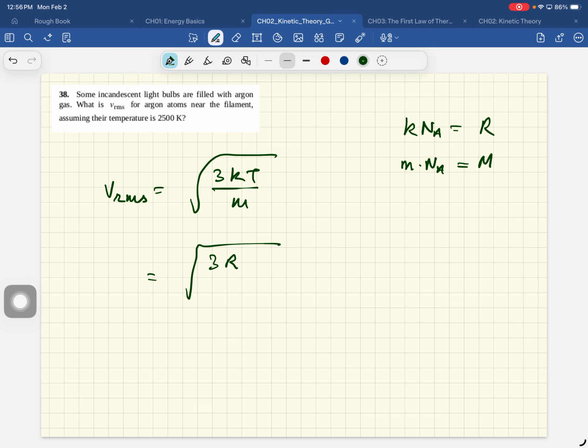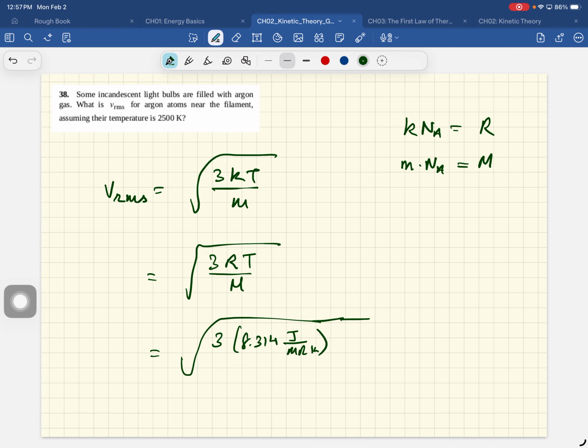All right, so now let's take care of powers of 10. This is 10 to the minus 2. That comes to the top. It becomes 10 to the plus 2. And then we'll borrow 2 from here. So 10 to the 4, square root of that is 10 to the 2. So this is 10 to the 2 meters per second.